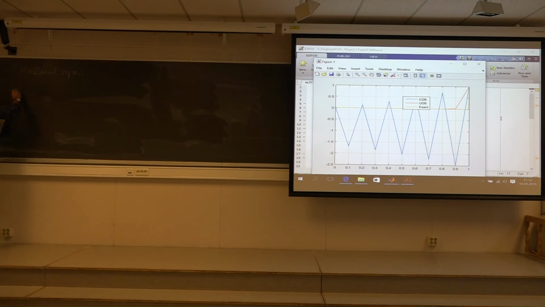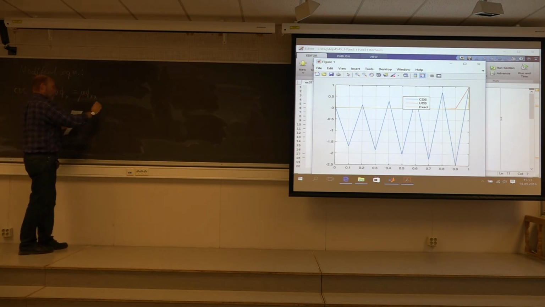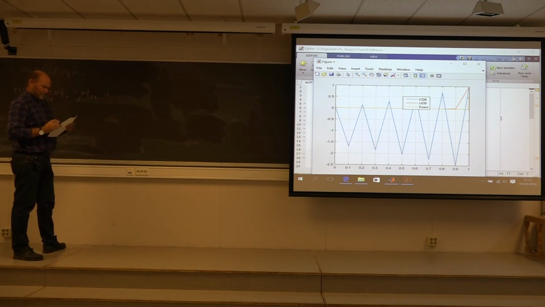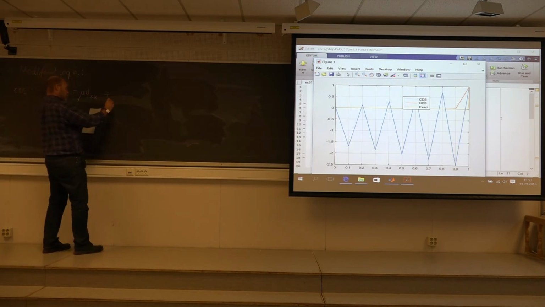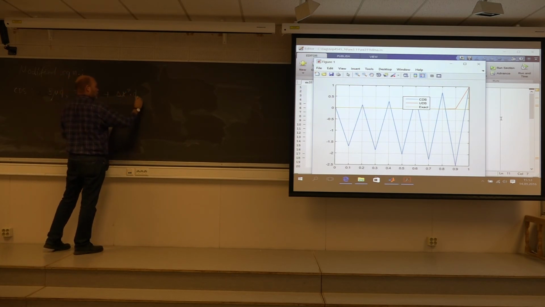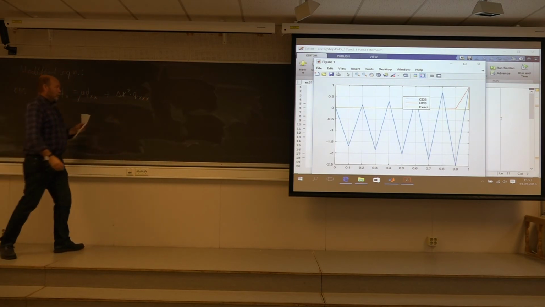For the central scheme, CDS, you will get the following. You get back your original partial differential equation, of course you do. But here you just get a second order scheme, and it will look something like delta x squared multiplied with phi x, and then multiplied with something more.